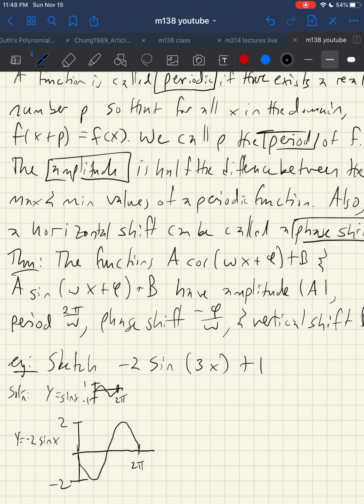Now let's do y equals -2 sine 3x. What this is going to do is it's going to reduce the period. So if it took us 2 pi hours to watch a movie and we watched it at triple the speed, it's going to take us 2 pi over 3 hours to watch the movie. So this is 2 pi over 3 now.